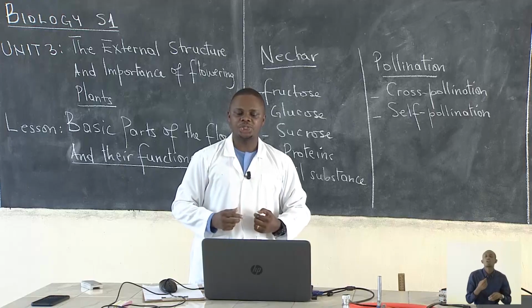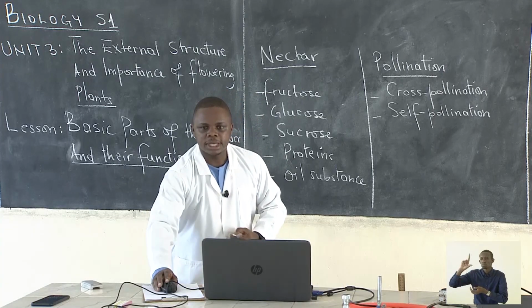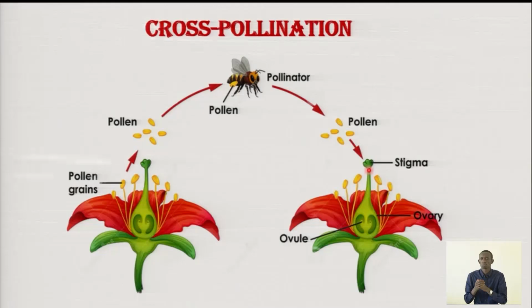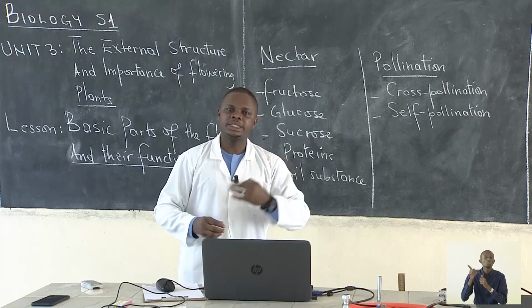And this pollination is very important because in that process, when pollen are stuck on the stigma, that means pollen grains are going to move through the pollen tube and go to the ovary. Remember, inside the ovary, we have ovules. These ovules are going to be fertilized by the pollen grain, and in that process, fertilization will take place.